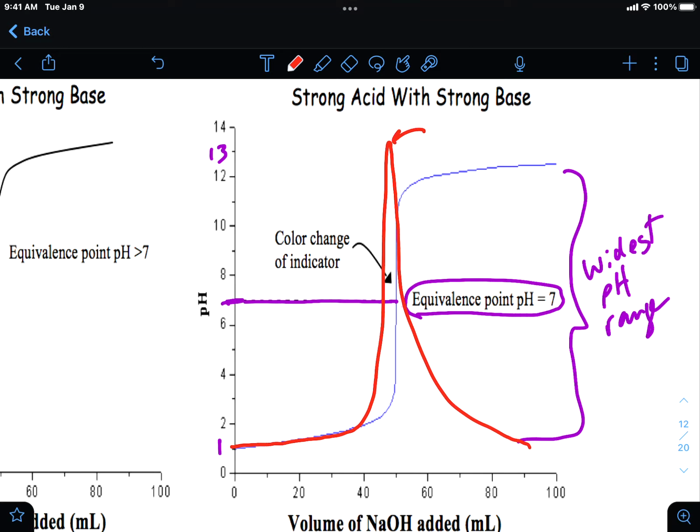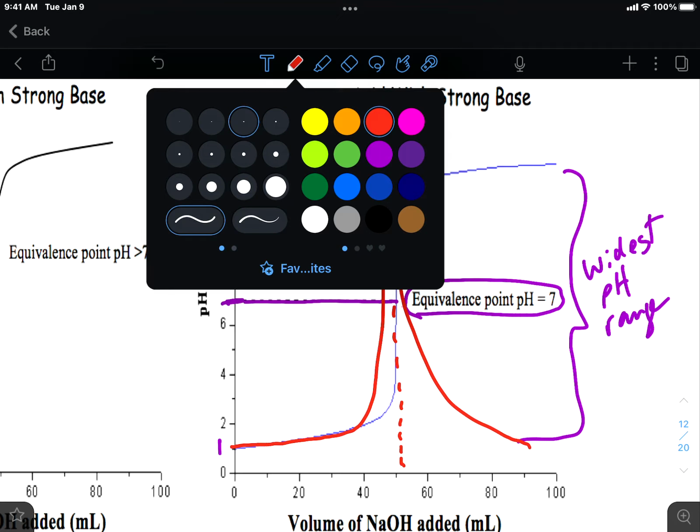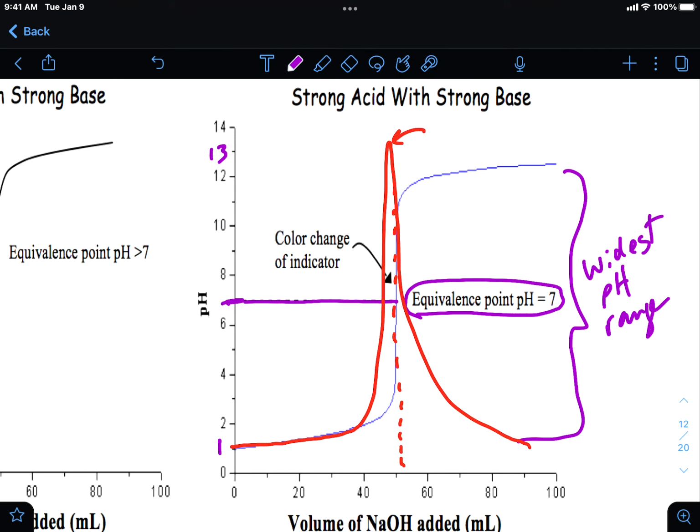And the inflection point of the first derivative, that peak, is the volume that would be used in calculating the molarity, right? Okay, so the equivalence point pH is at 7 if it's a strong acid, strong base combination.